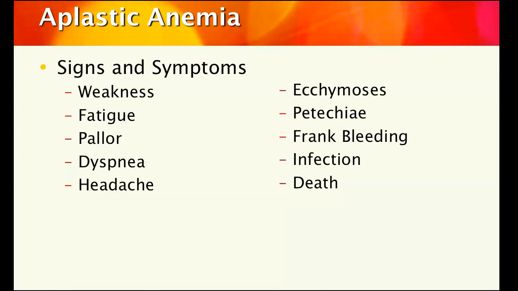So what are you going to look for? Okay, you're going to see the signs and symptoms of anemia. So you're going to see pallor, ecchymosis, petechia, potentially small hemorrhaging, weakness, fatigue, altered levels of consciousness, tachycardia. Sometimes your patients will develop a specific type of murmur.